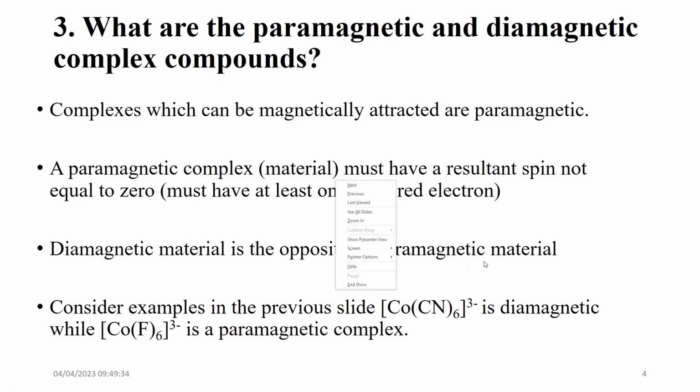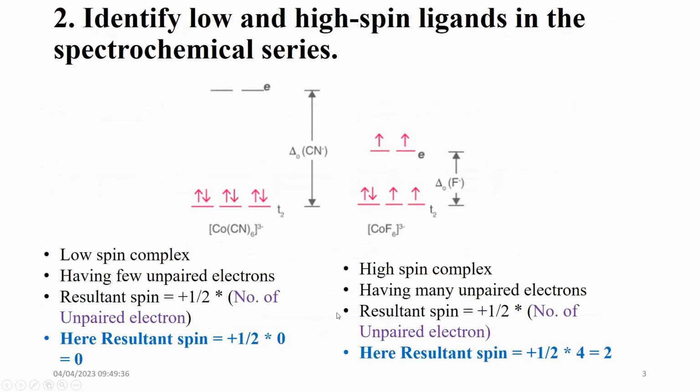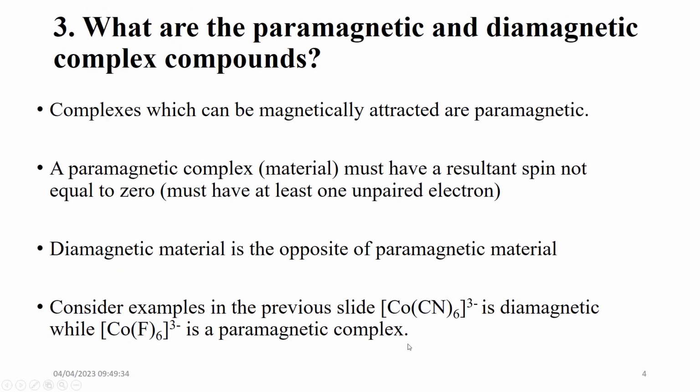In this slide behind, this one, cobalt fluoride, has a resultant spin and has unpaired electrons, which make it a paramagnetic material. So this is paramagnetic, while this is a diamagnetic material.